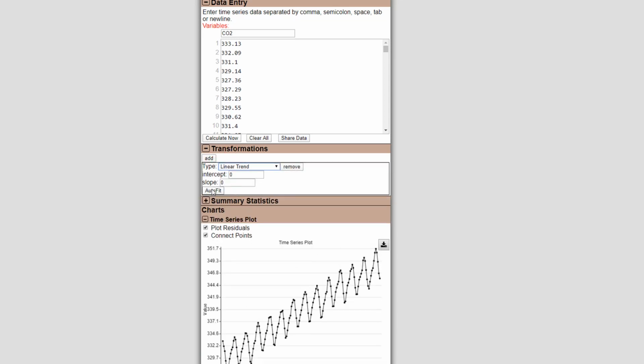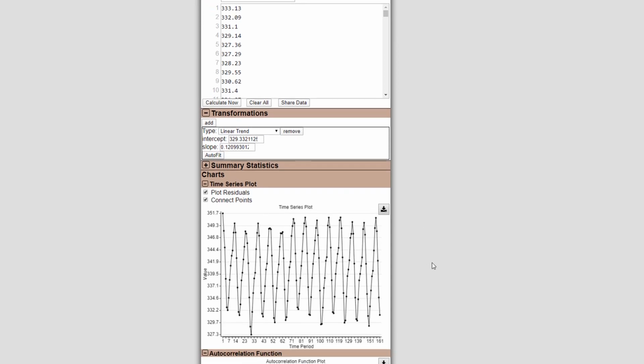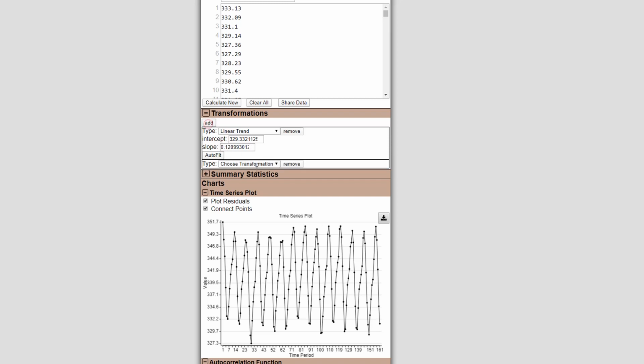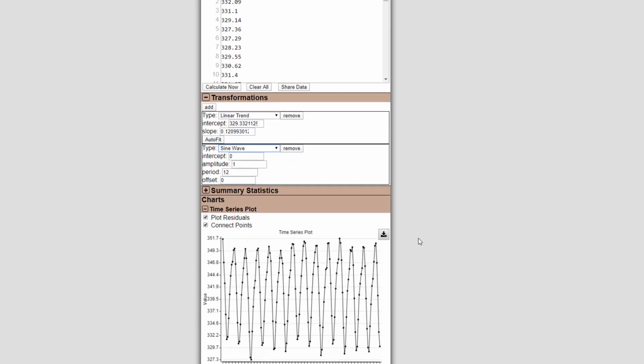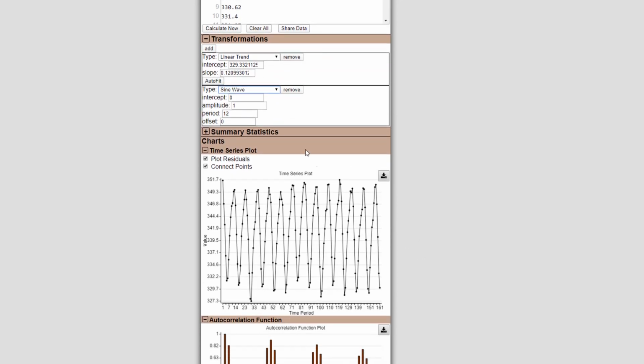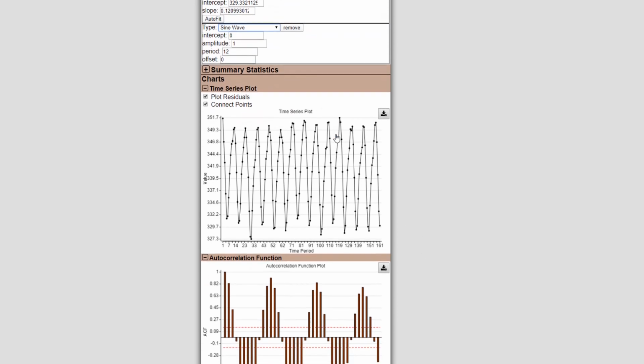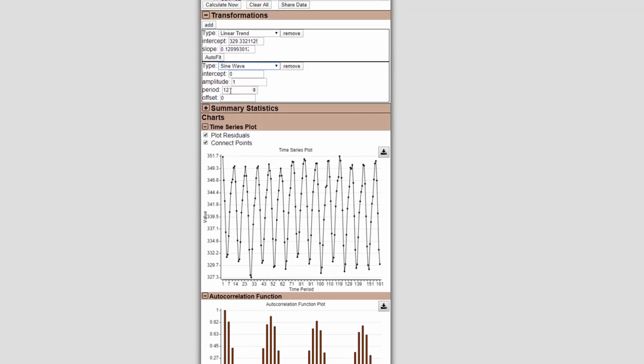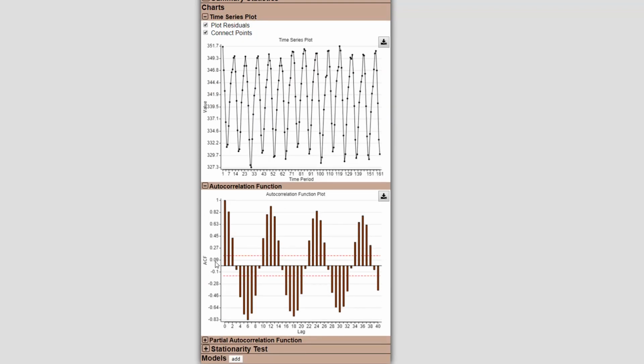transformation, and that's going to take care of the linear trend. The next thing I want to do is add another type of transformation, which is a sine wave transformation. I want to set the period of this sine wave to be, well, it's already set at 12, which is the period of this loop.